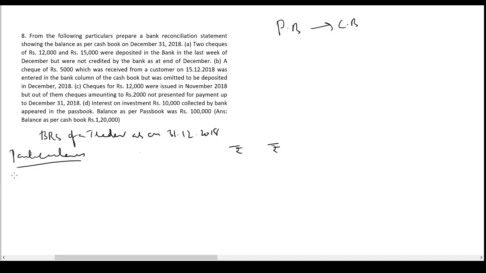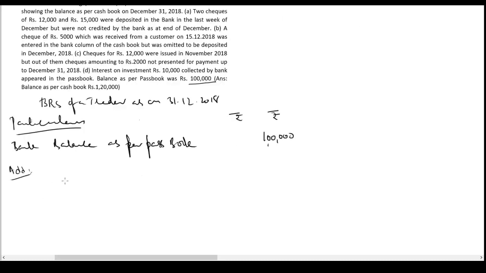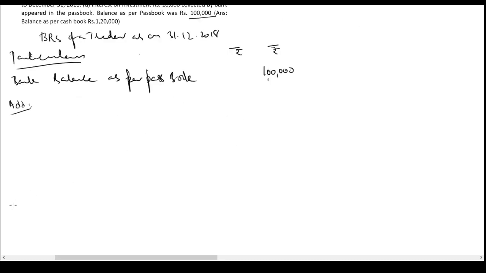We'll start with bank balance as per passbook. It is rupees 1 lakh given in the problem. Now we have to arrive at the cash book balance. We are going to make some additions and we may have some less items to arrive at the cash book balance.